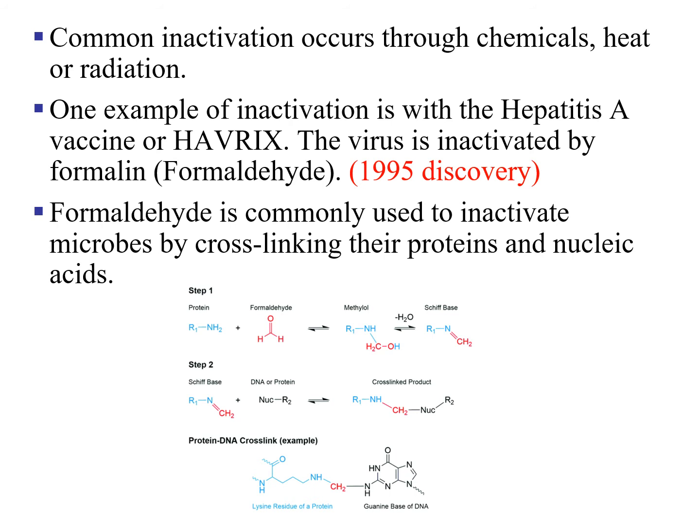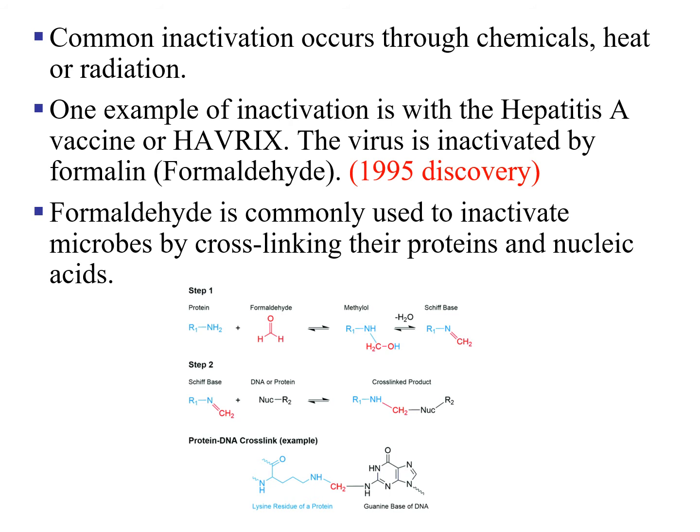Common inactivation occurs through chemicals, heat, or radiation. One example of inactivation is with the hepatitis A vaccine. This virus is inactivated by using formalin, and this was discovered in 1995.